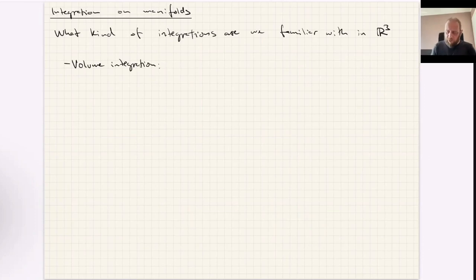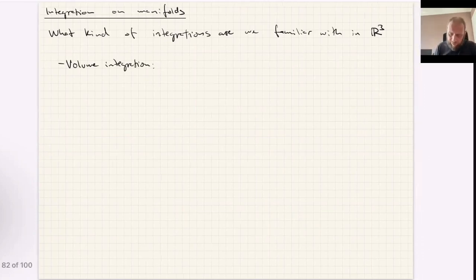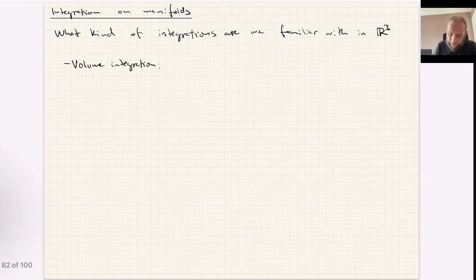And typically what you have then is some volume element dV. So you have some small volume element dV that is spanned by your coordinates, essentially. You have some coordinate vectors that span a small volume dV.